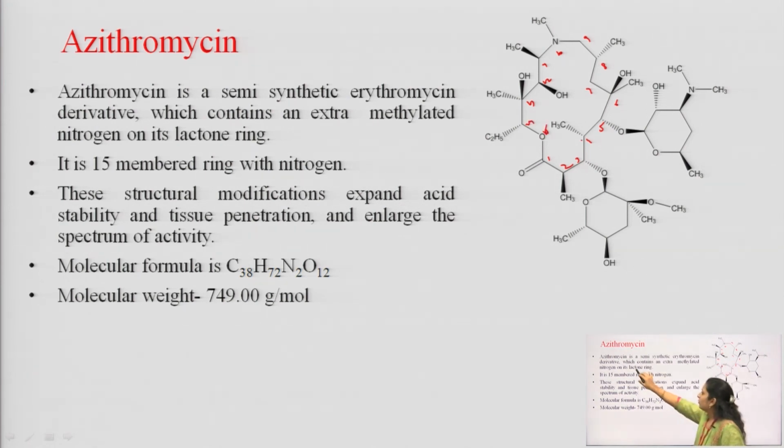So, azithromycin is a 15 membered compound which has an extra methyl group at the nitrogen position. As we discussed, erythromycin and clarithromycin are 14 atom containing compounds and azithromycin is a 15 membered ring with nitrogen.